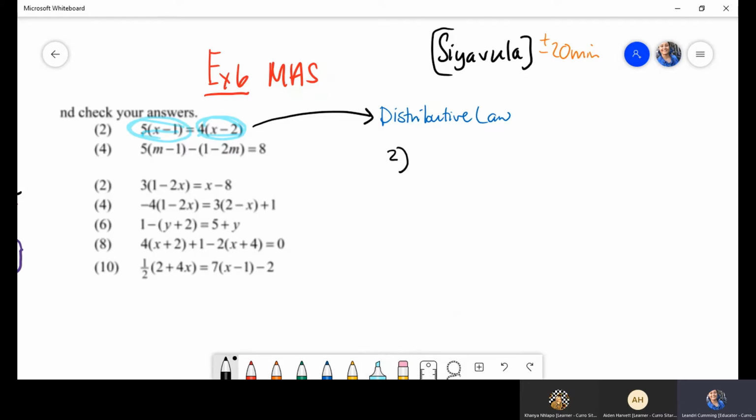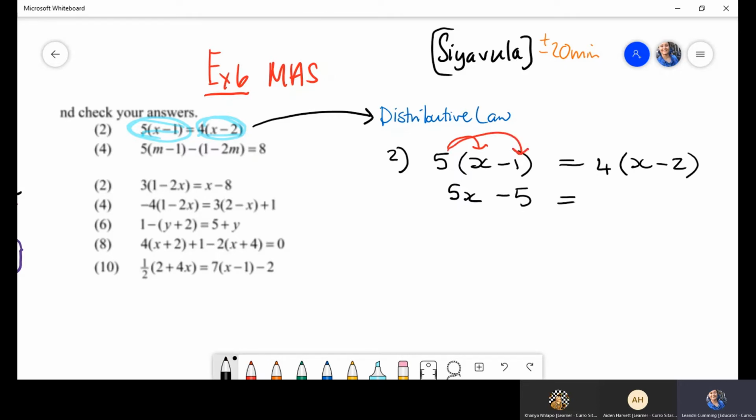So when we look at this, we're going to first make sure that we understand that the product has to be multiplied into, it has to occur with every single term in the bracket, meaning you can draw an arrow saying 5 times x is 5x, arrow, 5 times minus 1 is minus 5, equals 4 times x is 4x, and back to the 4 times minus 2 is minus 8.